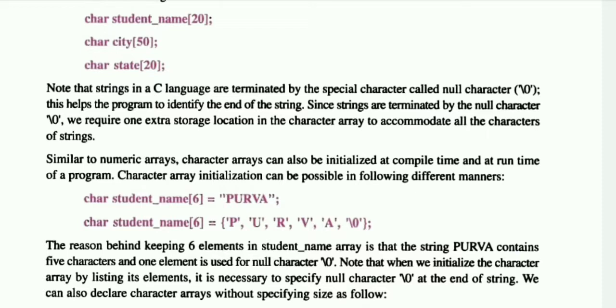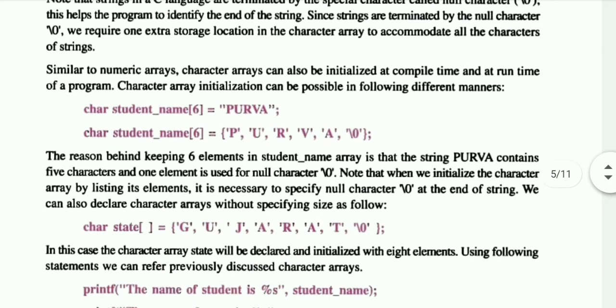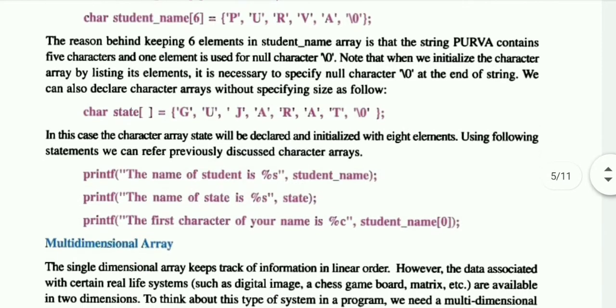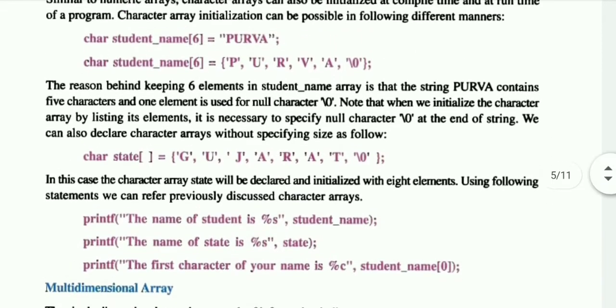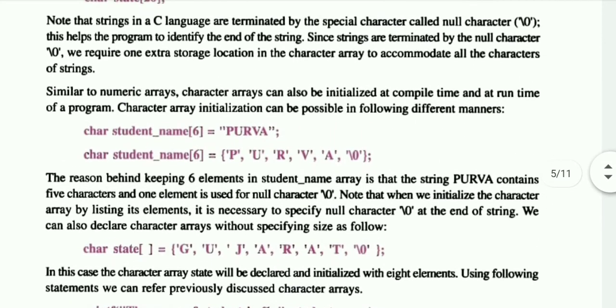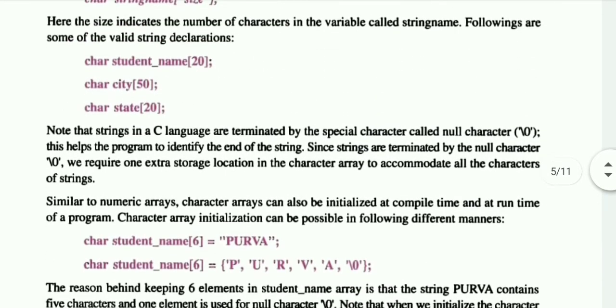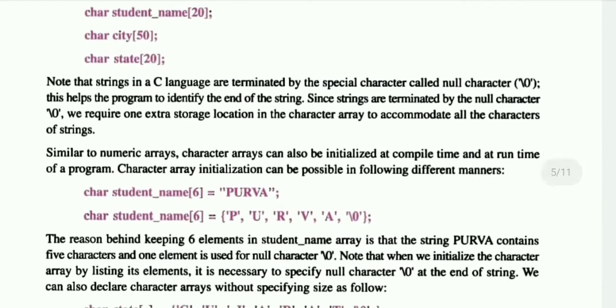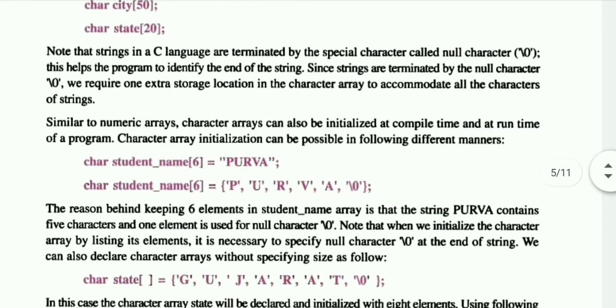Here there is no need to specify the size, as we discussed earlier; you can just give your string. Based on the string length, it will automatically specify the size of your array. So this is the way to declare a character array, or to store values in a character array, with compile time array initialization.